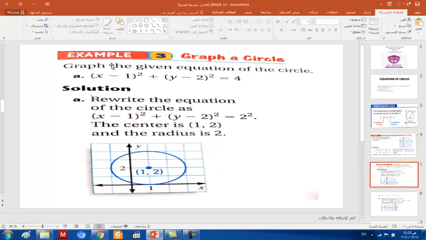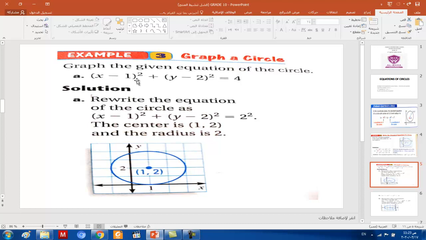So we know here is the ordered pair of the center from x and y. The center point from x, you know already, x minus h. So x minus 1. But the center is gonna be 1 or -1? Sorry, it's gonna be 1.